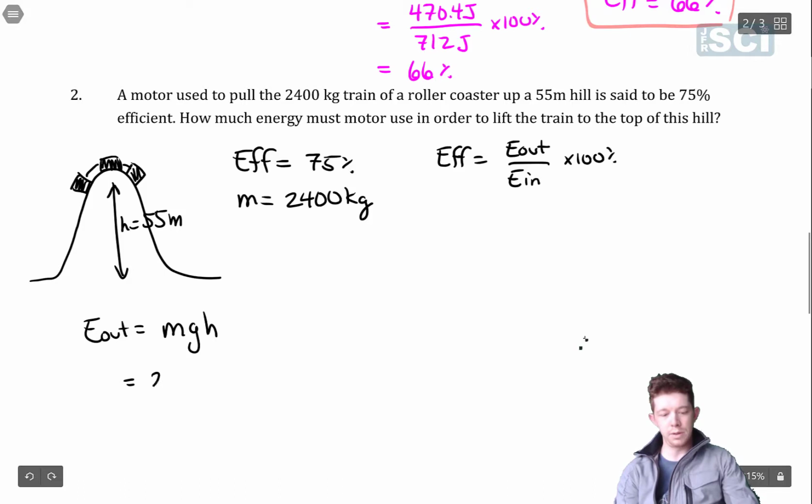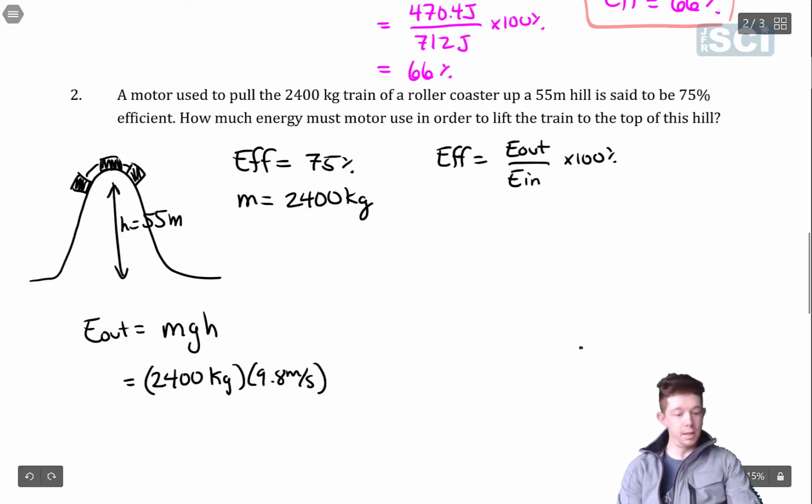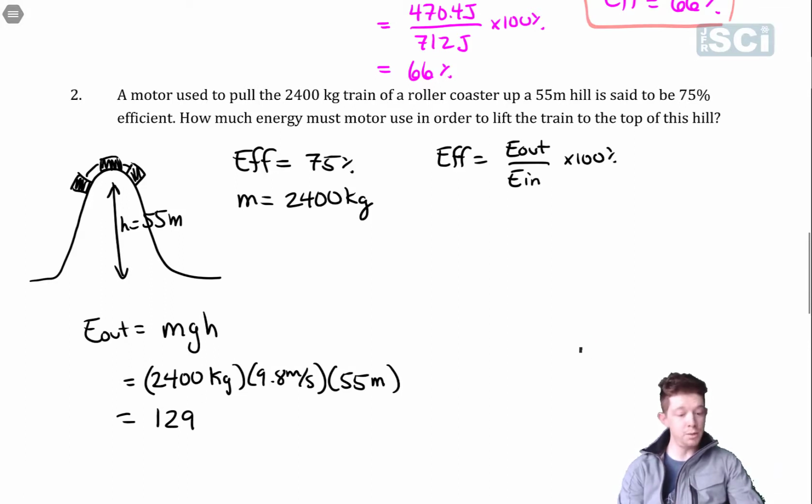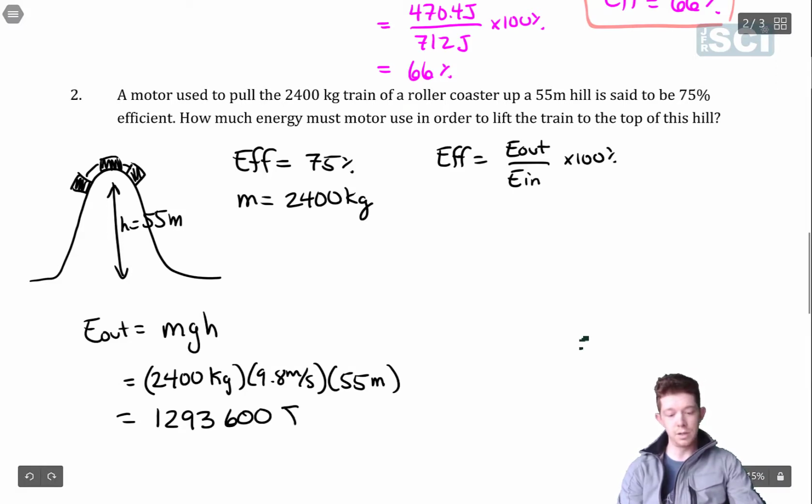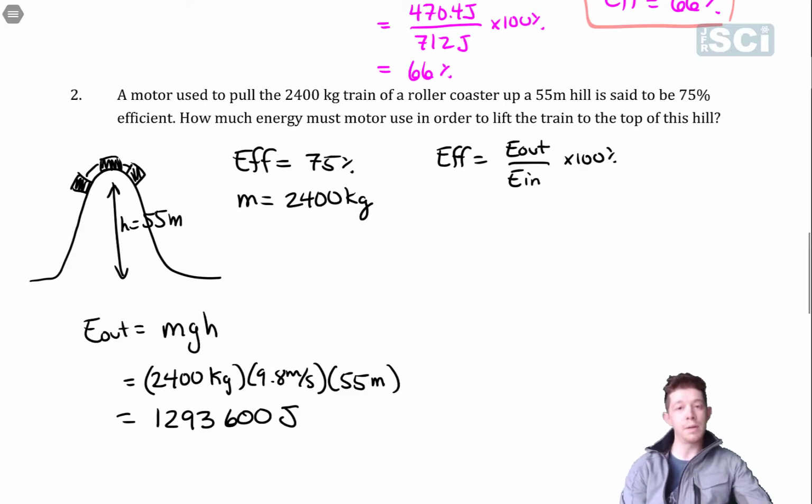So I'll substitute in 2,400 kilograms multiplied by 9.8 meters per second squared. And I multiply that by a height of 55 meters. And I get a fairly large number. I get 1,293,600 joules.